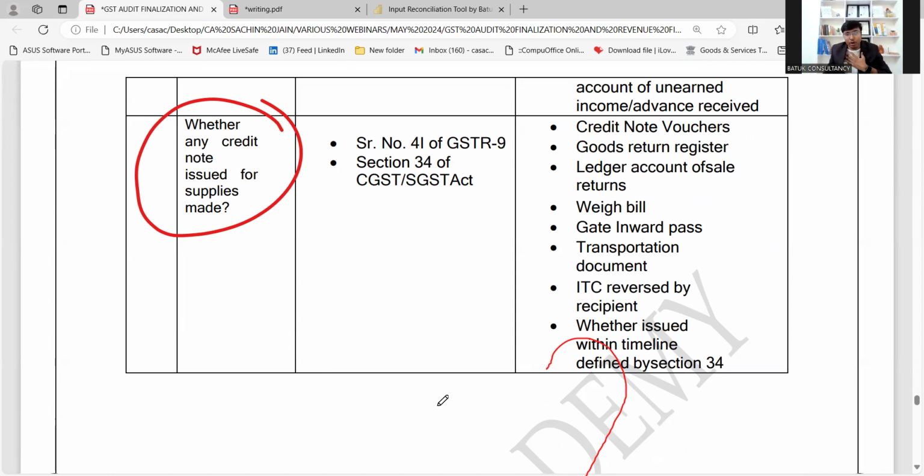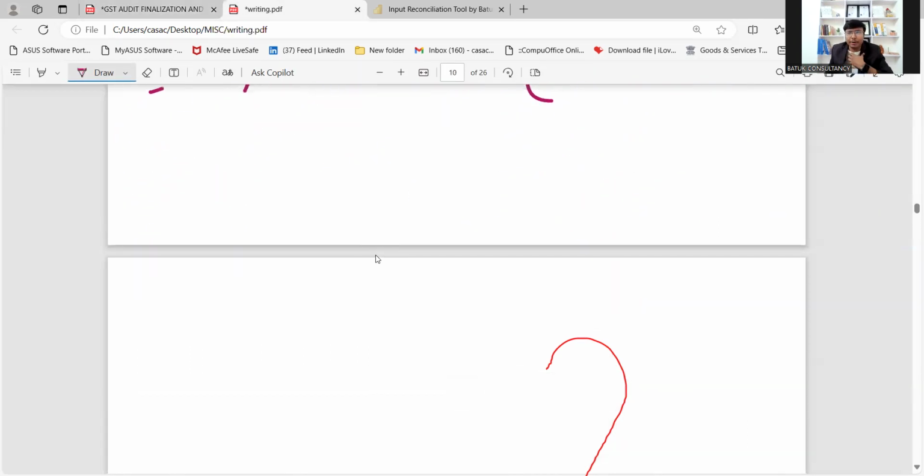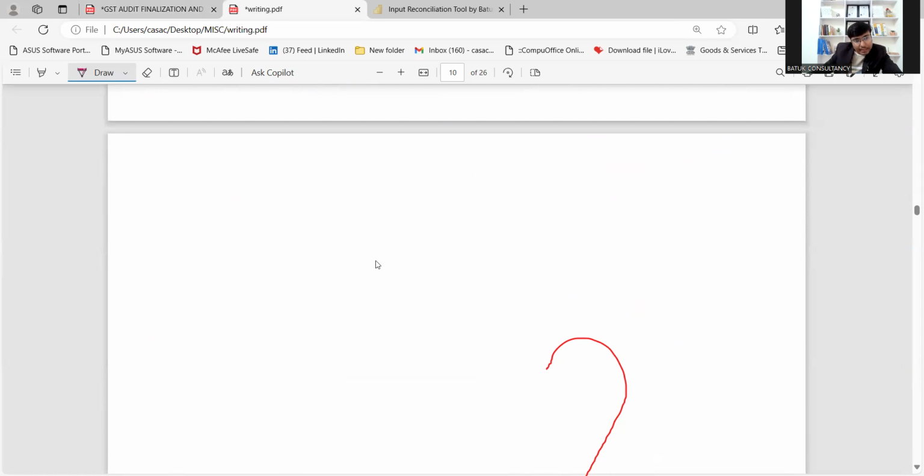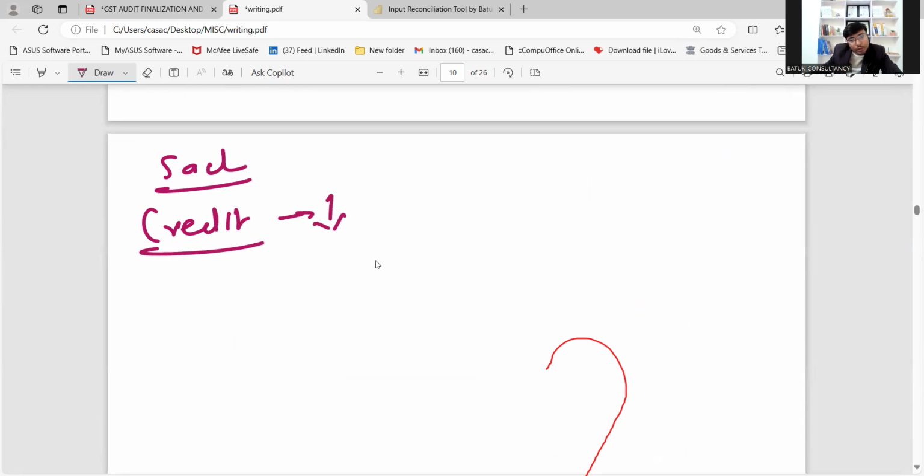Suppose you are doing the audit of Mr. Sachin Jain, and Sachin Jain has issued certain credit notes for reduction in outward tax.